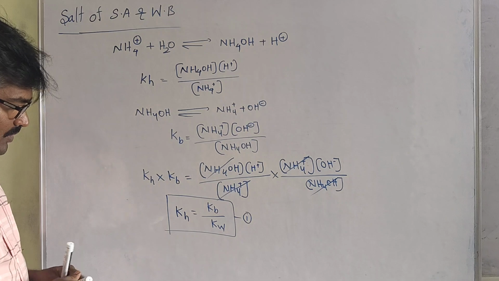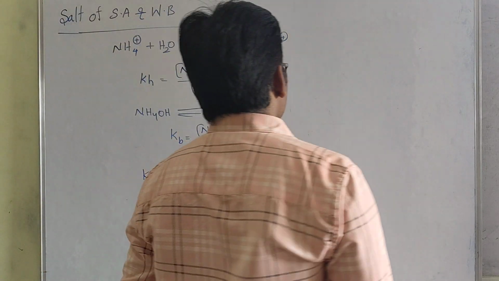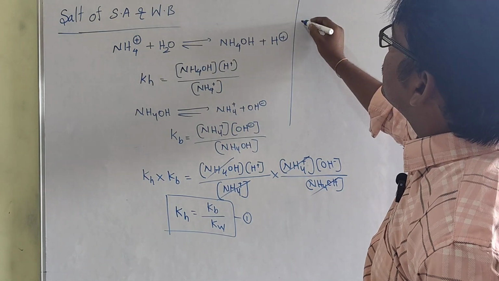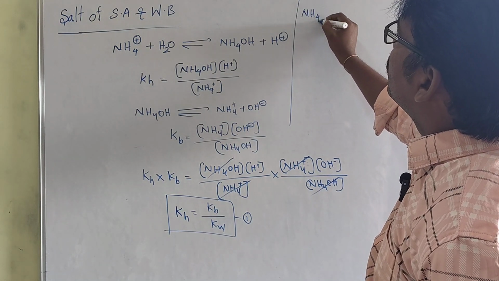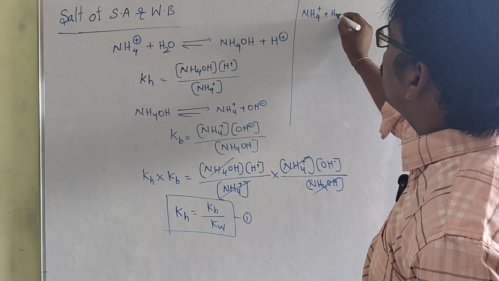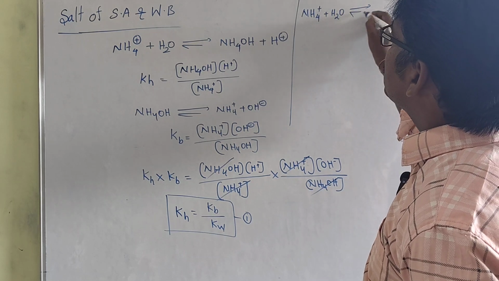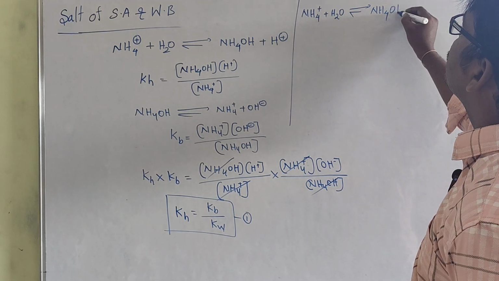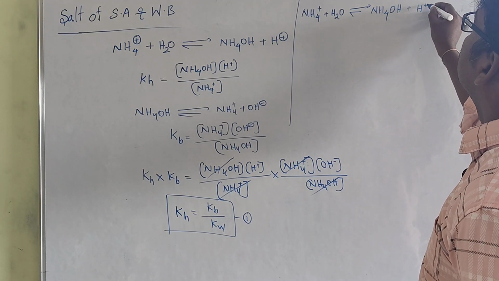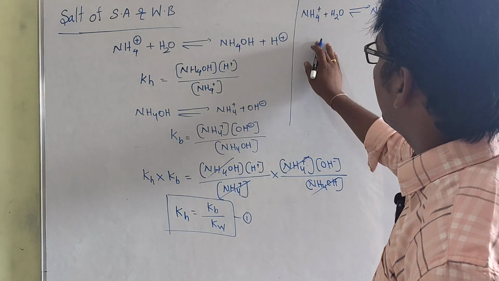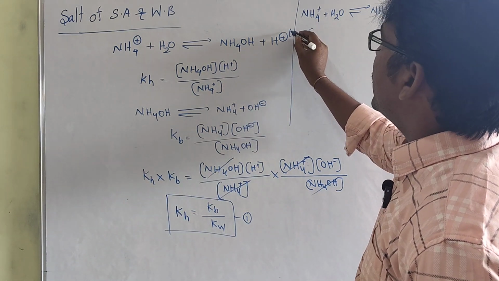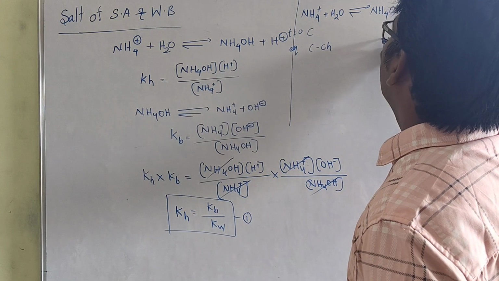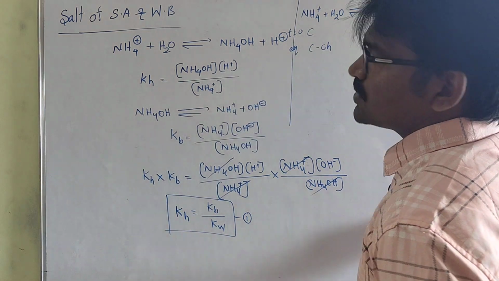Okay, right. Now once again the same equation we are writing: NH4 plus plus H2O gives rise to NH4OH plus H plus. So from this, concentration C at time t equals 0, then at equilibrium C minus Ch, this will become Ch, this will become Ch.